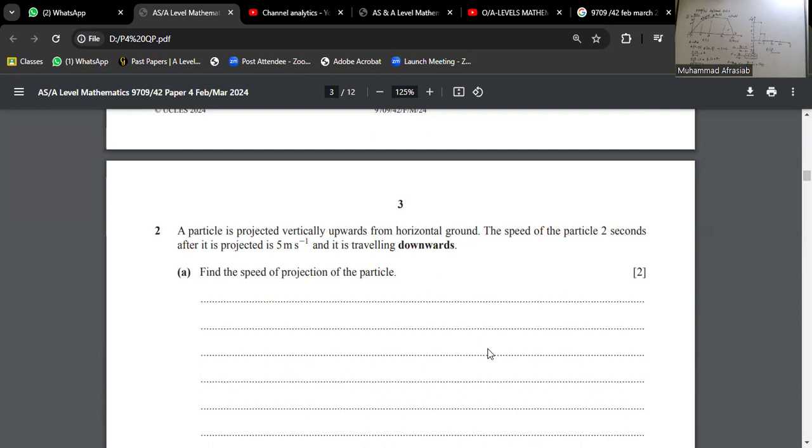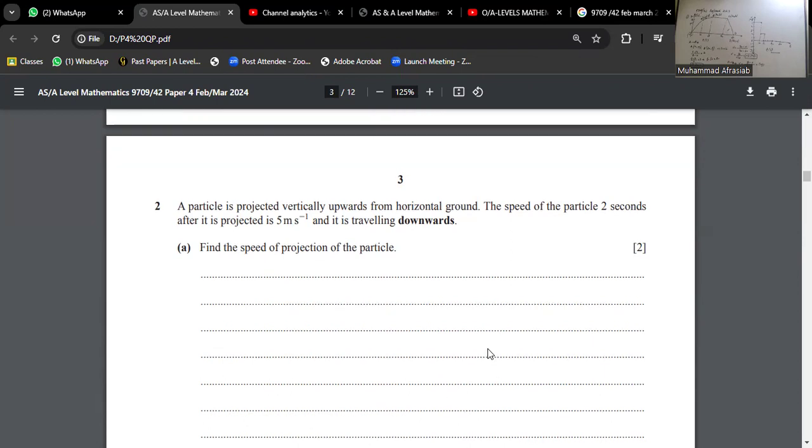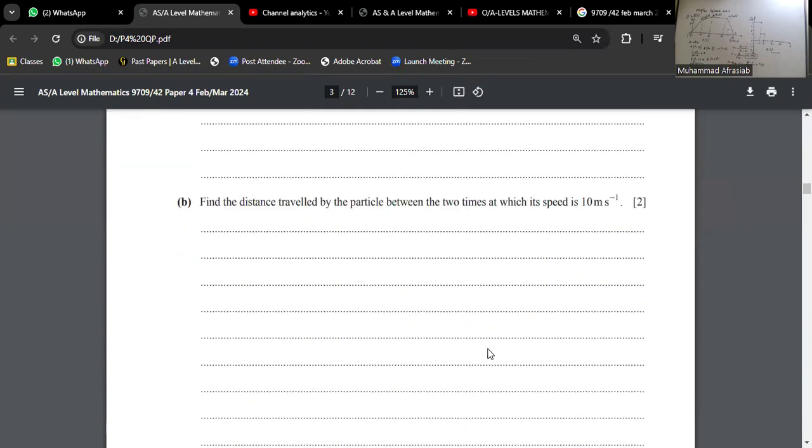The speed of the particle 2 seconds after it is projected is 5 meters per second and it is traveling downward. Find the speed of the particle. B part. Find the distance traveled by the particle between the 2 times at which the speed is 10 meters per second.